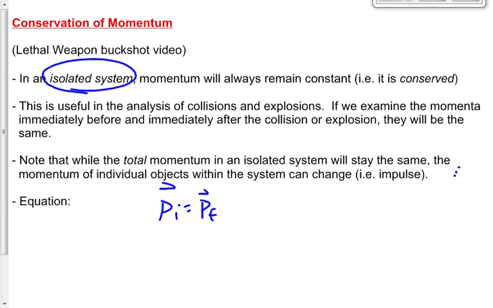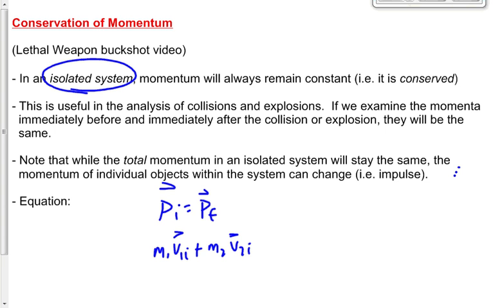So, for instance, if we had two objects colliding with each other before the collision took place, we would replace Pi with m1v1i plus m2v2i, an mv for each of the objects. If there were 14 objects colliding all at once, we'd add 12 more terms in there: m3v3i plus m4v4i plus m5v5i, and so on. Usually, you're not going to have more than two objects before the collision takes place.